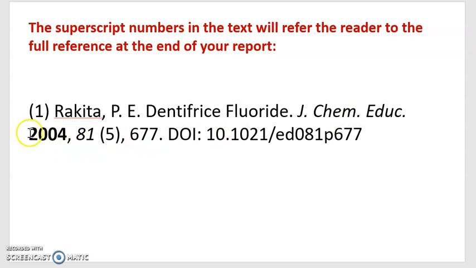You'll have the year of publication in bold because that's a very important consideration in science. When was something published? So they put that in bold for journal articles.